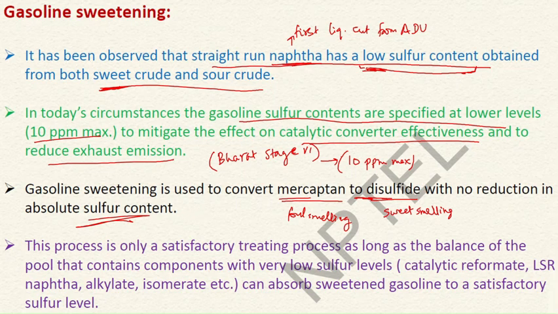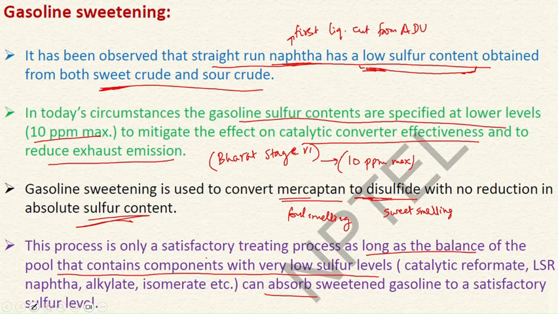This process is only a satisfactory treating process as long as the balance of the pool that contains components with very low sulfur levels, like catalytic reformer or light straight run naphtha or alkylates or isomerates, etc., can absorb sweetened gasoline to a satisfactory sulfur level. So basically, there is no reduction in the sulfur content in this sweetening procedure.